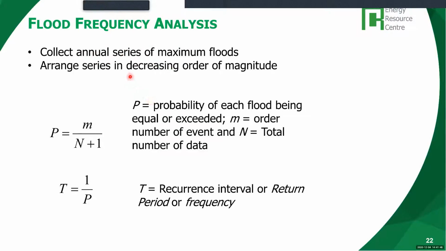Then we arrange them in descending order of magnitude and calculate the exceedance probability using the same formula. The recurrence interval, or return period, T, of the flood is 1 upon P.